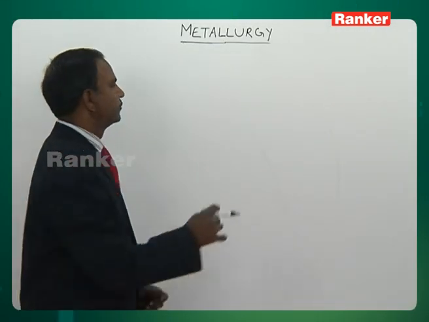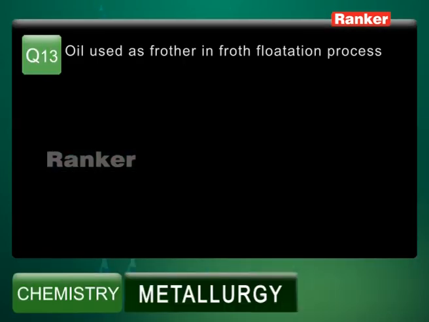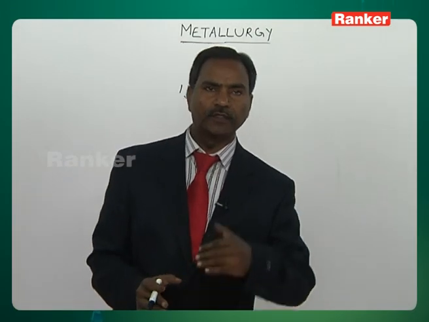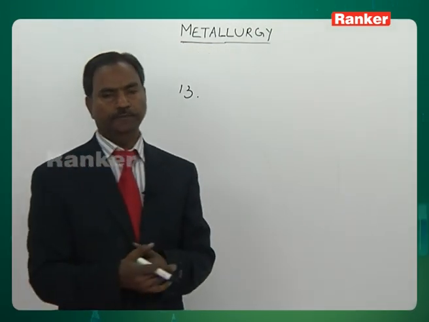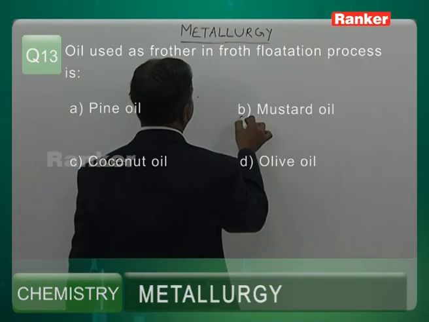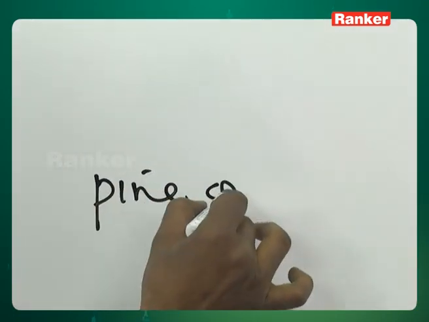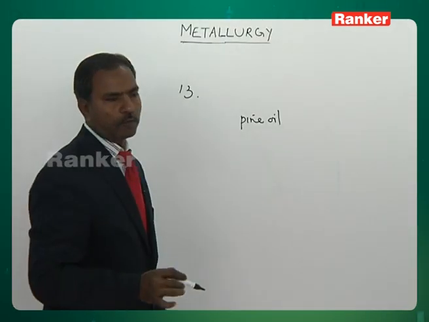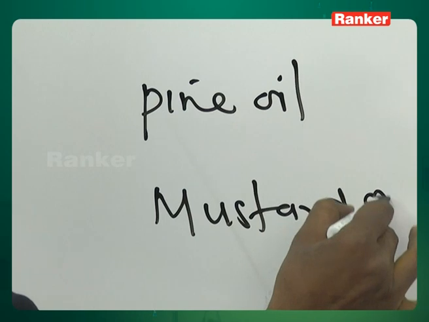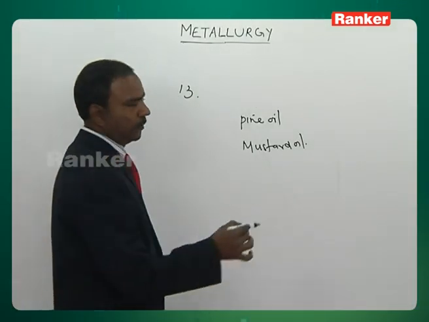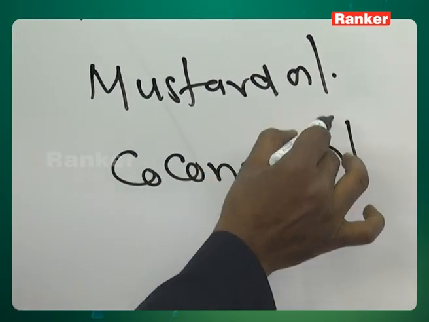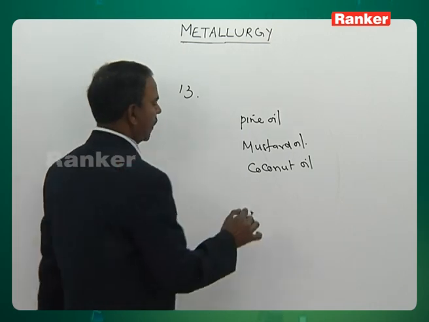Question number 13, oil used as frother in froth flotation processes. In froth flotation, we have to use an oil which is a frother, which gives froth. A, pine oil, B, mustard oil, C, coconut oil, D, olive oil.